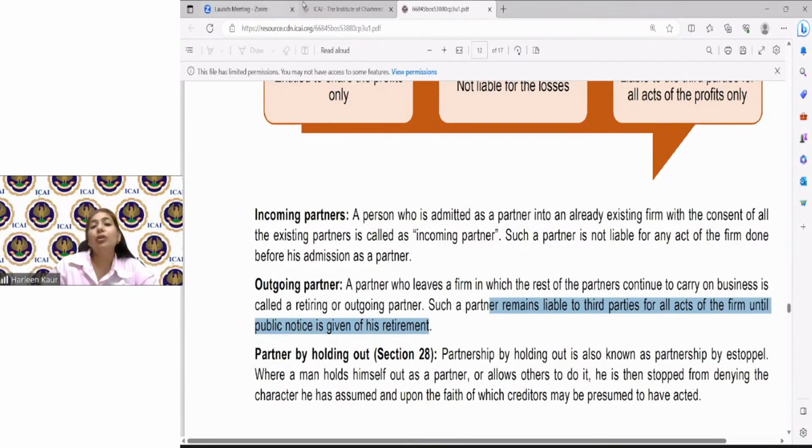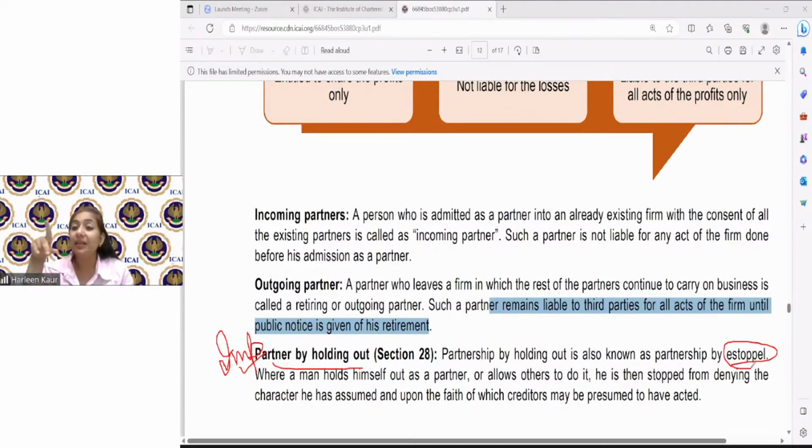Now let's talk about the most important section of this chapter, that is Section 28, partner by holding out. Again your word estoppel has come. I had told you that this word estoppel will come again in partnership. Estoppel means that once you have accepted something, you cannot deny that fact later.